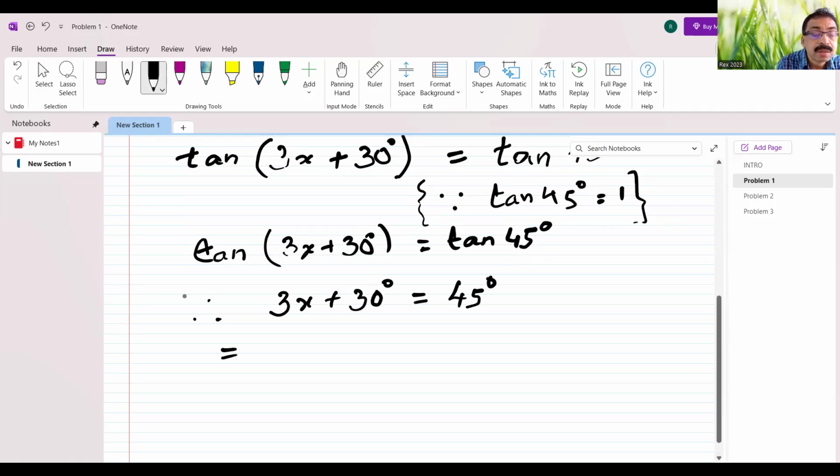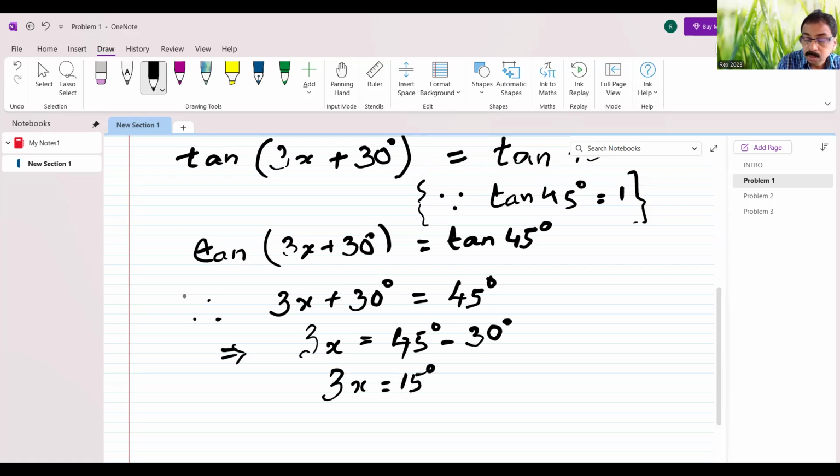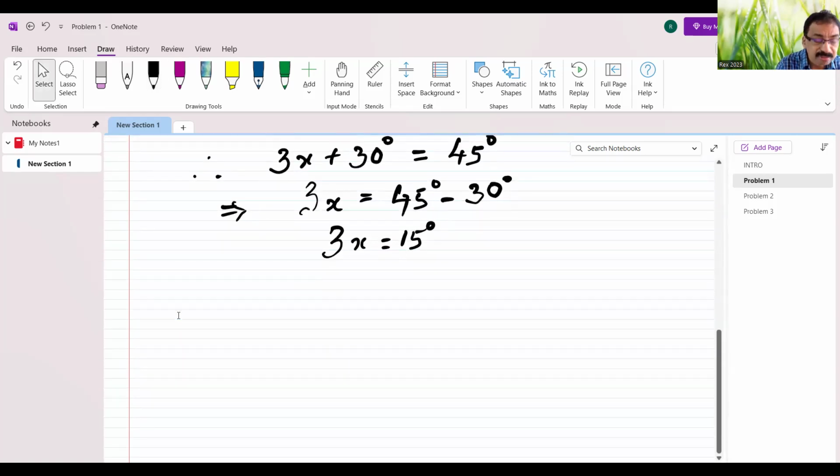This means 3x is equal to, taking the 30 degrees to the other side, 45 degrees minus 30 degrees. 3x is equal to 15 degrees. What is our question? Our question is to find out the value of x.